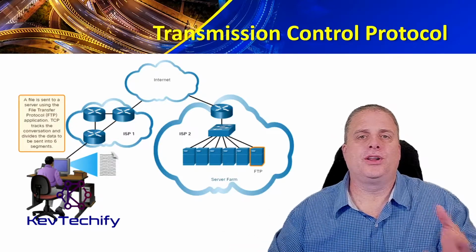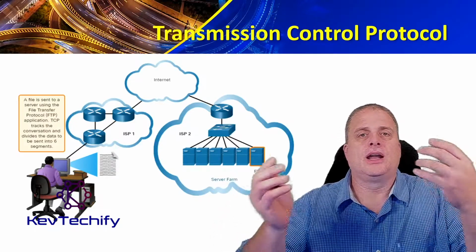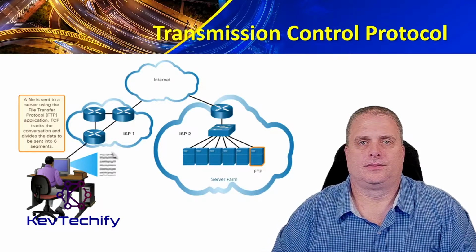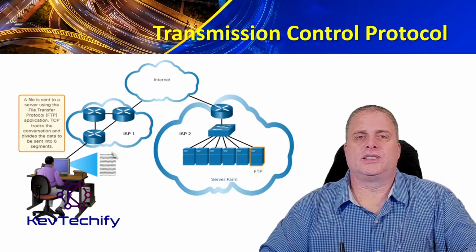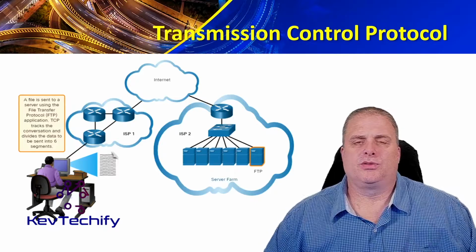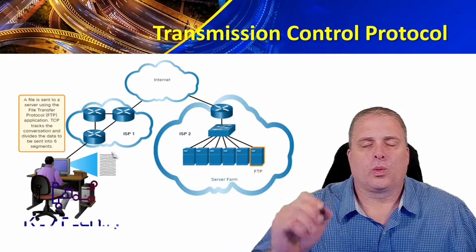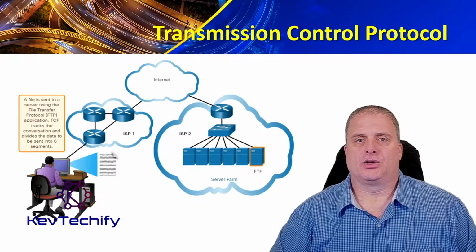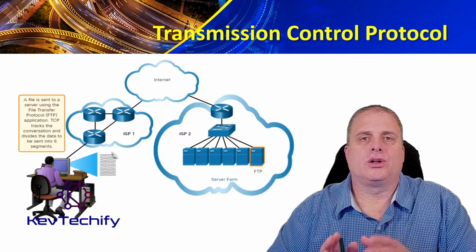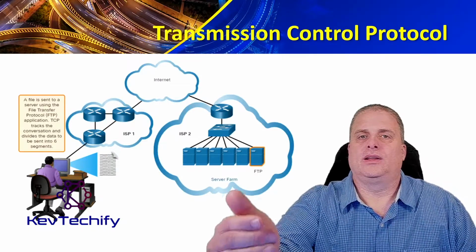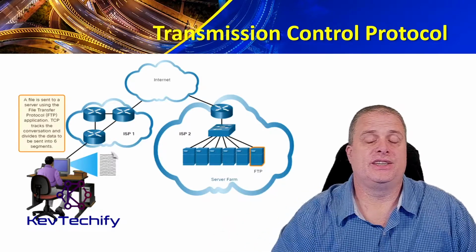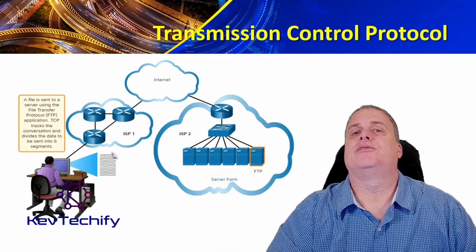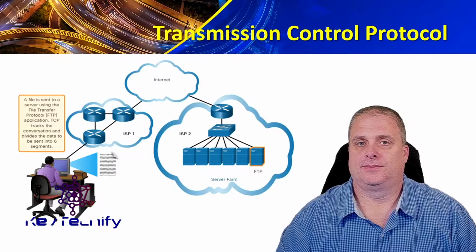And one of the last things TCP does, it's responsible for sending data at a rate at which the receiver can accept that data. So part of the TCP protocol is to find out what rate the receiver can receive data at and not to send it faster than that.